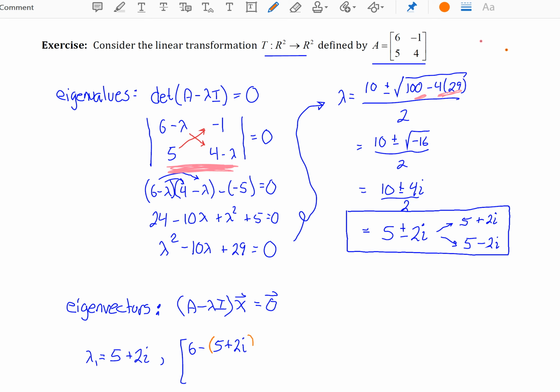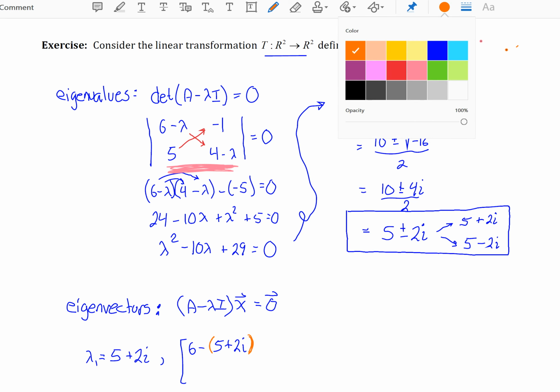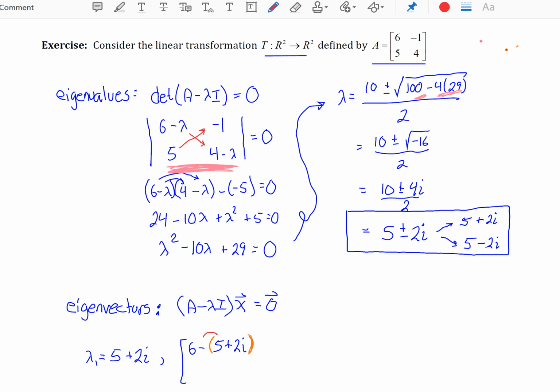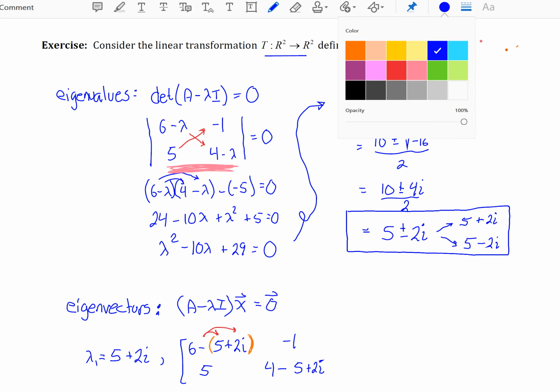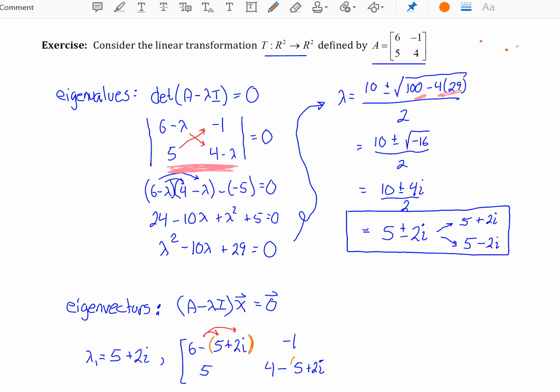And the reasoning is, as I see more times than I think we should admit, some students just forget that we must distribute the negative into these parentheses when we simplify. That is missed a lot, more times than I wish I would see. Then it would be negative 1, 5, and then 4 minus 5 plus 2i. And again, I really want to emphasize the use of these parentheses.